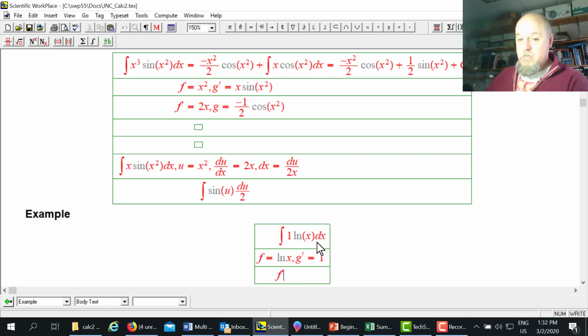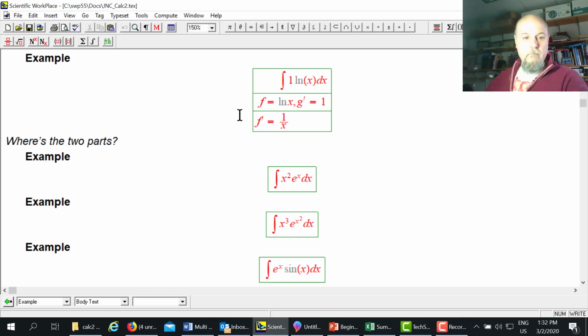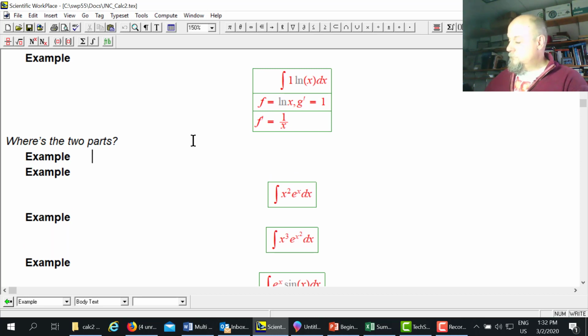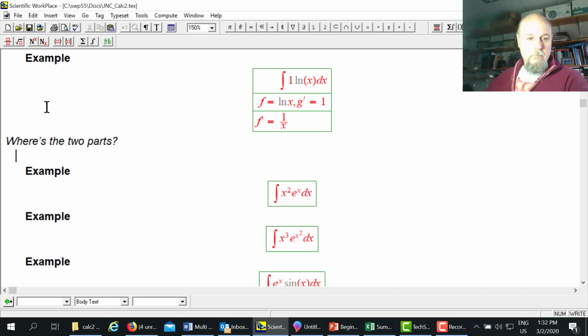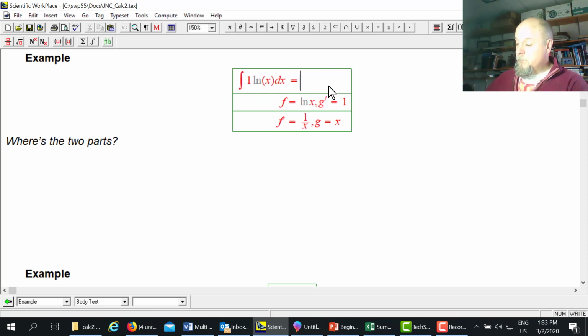So when I differentiate the ln piece, I get 1 over x. And when I integrate the 1, I get x. Okay, so I could do each piece.